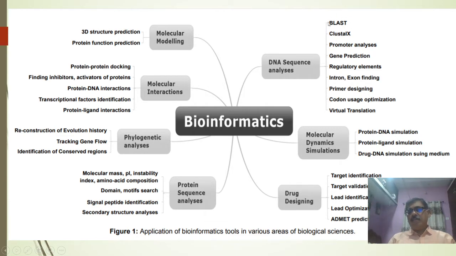After the query, it shows the similarities and dissimilarities. Then promoter analysis, ClustalX, gene prediction for regulatory elements, intron and exon finding, primer designing, codon usage optimization, and virtual translation. All these are uses related to DNA sequence analysis.